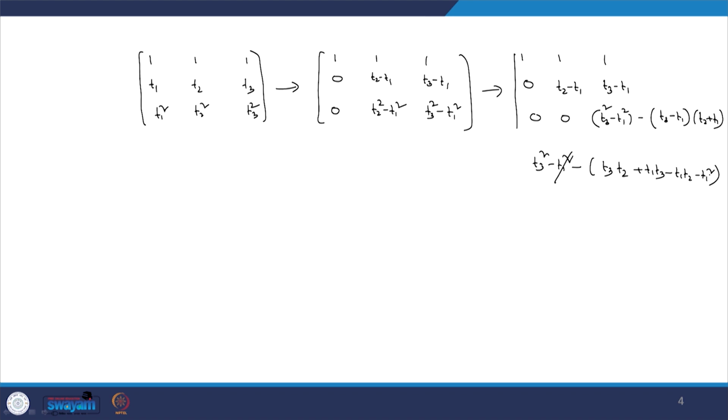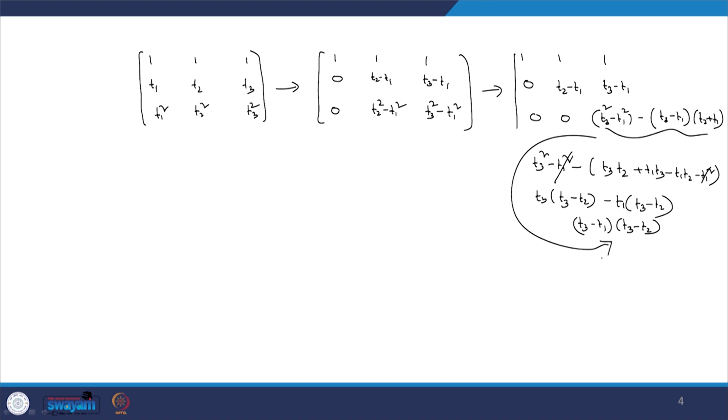So, the t1 square terms cancel. I can take t3 common from some terms and minus t1 common from the others, and I will have t3 minus t2 in both. So, I will have basically t3 minus t1 into t3 minus t2 as a factor. This entry is not equal to 0. So, this implies that the same matrix is invertible.